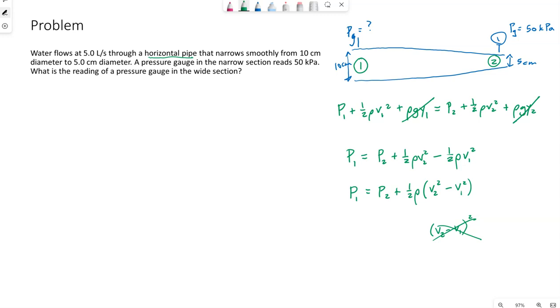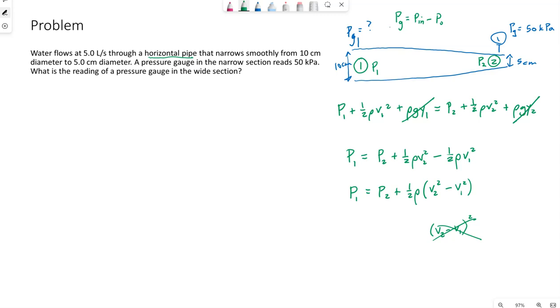Now, these pressures technically represent the pressure inside the pipe. So P1 would be the pressure within the fluid at that location 1 in the pipe. P2 would be the pressure within the fluid at the right side of our pipe. If you recall, gauge pressure, though, is the pressure inside minus atmospheric pressure.